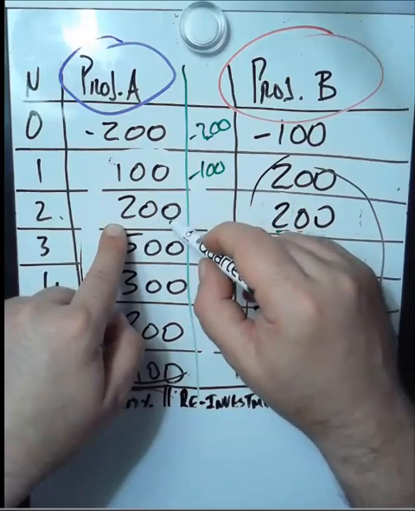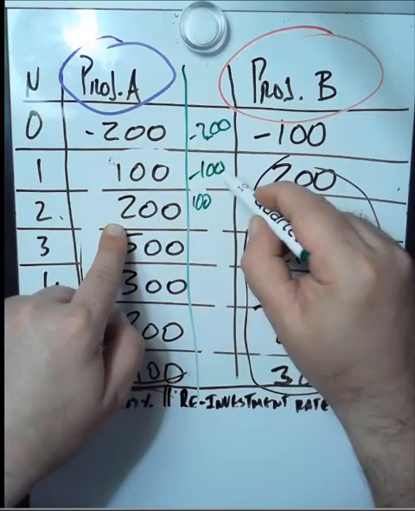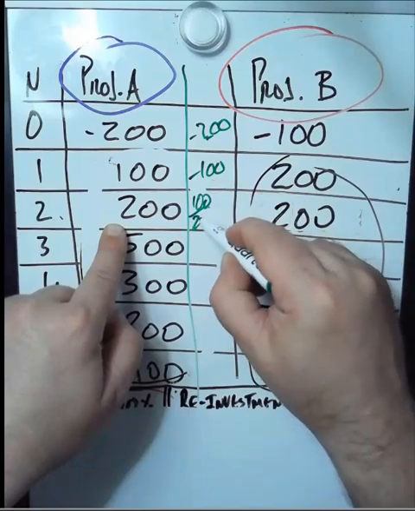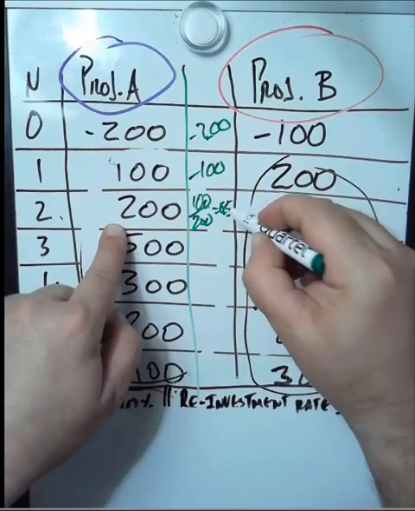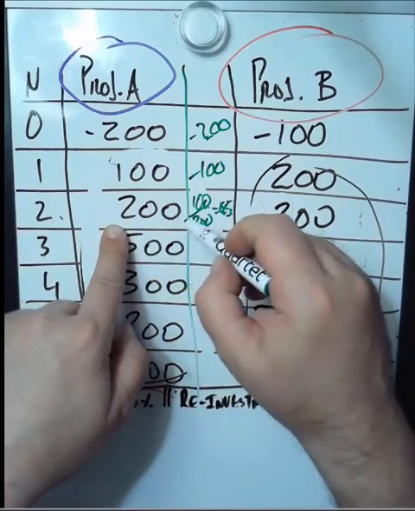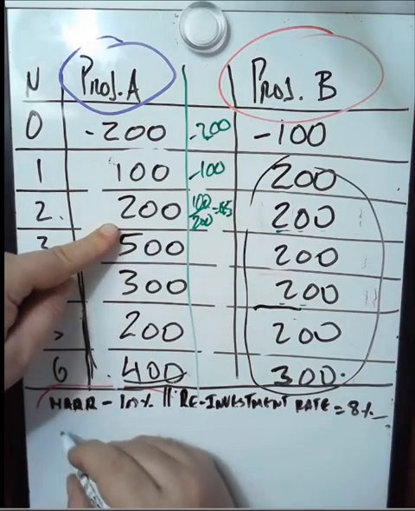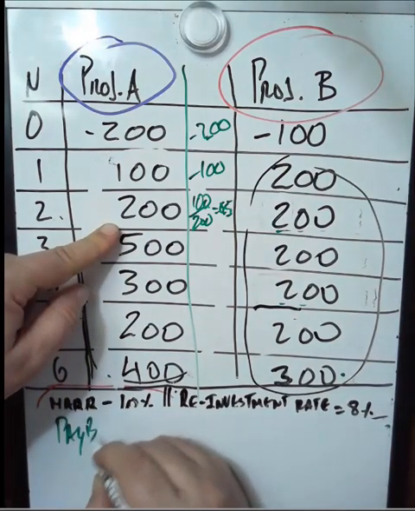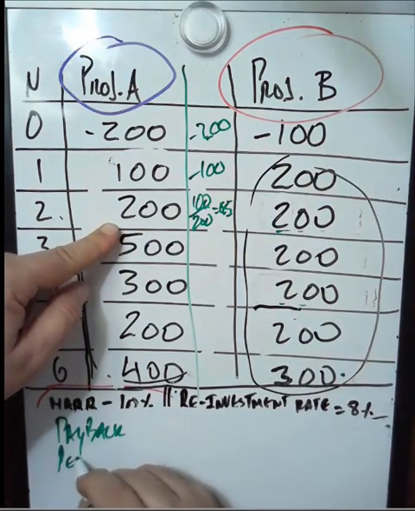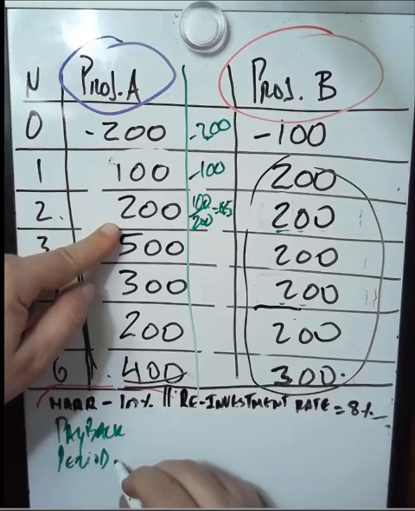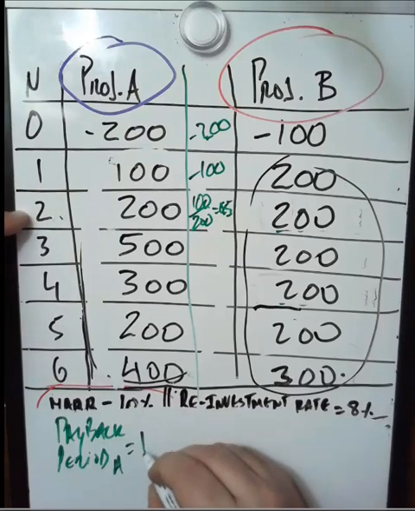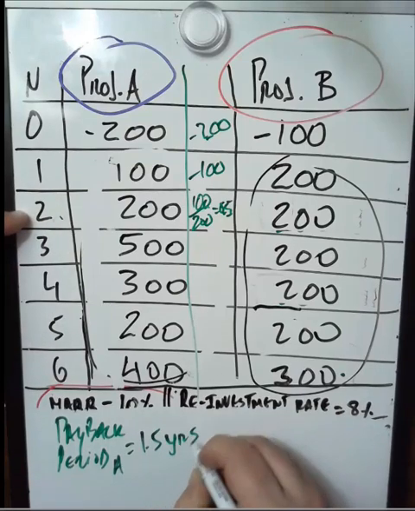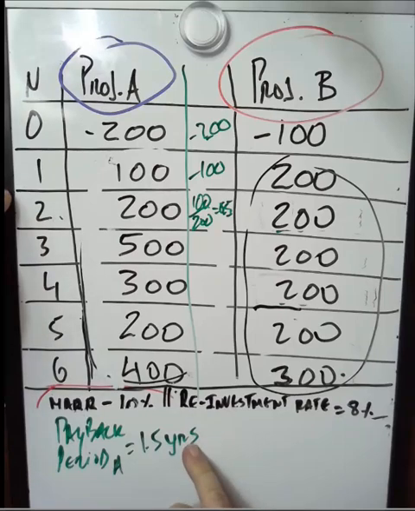We just need half of it, right? We only need 100, but we are getting 200 this year, so it means we only need half a year, 0.5, 50% of this year. So the payback period for project A is 1.5 years.